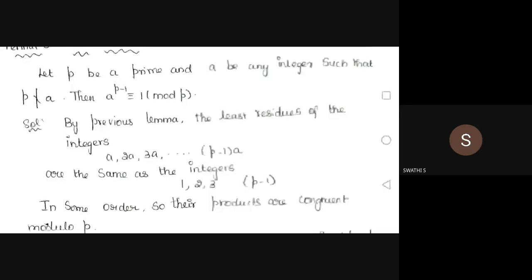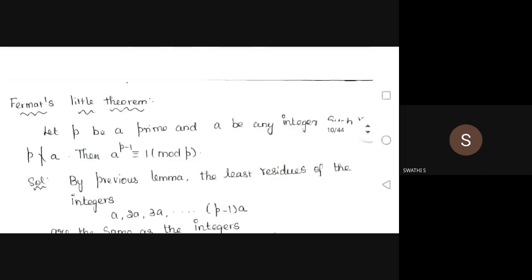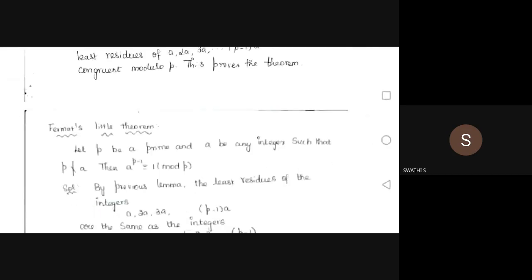The statement of Fermat's little theorem is: if P is a prime and A is any integer such that P does not divide A, then A power P minus 1 is congruent to 1 mod P. Look at the statement of Fermat's little theorem. If P is a prime and A is any integer such that P does not divide A, only then we can write A to the power P minus 1 is congruent to 1 mod P.